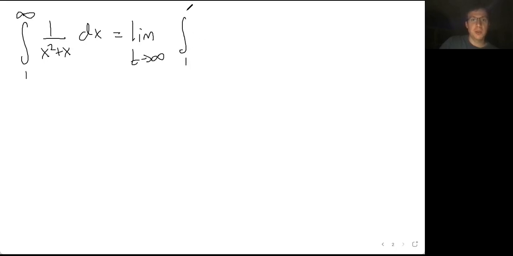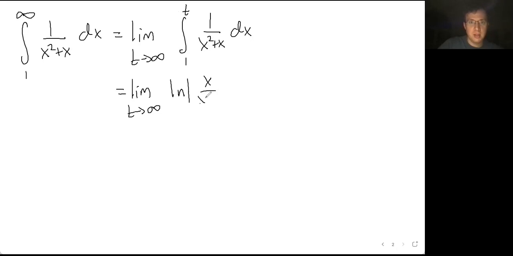So we're integrating from 1 up to t of 1 over x squared plus x dx. And to evaluate this definite integral, we need the antiderivative, and that's just what we spent some time doing. So this is the limit as t goes to infinity of that function that we found, the natural log of x over x plus 1 from 1 to t.